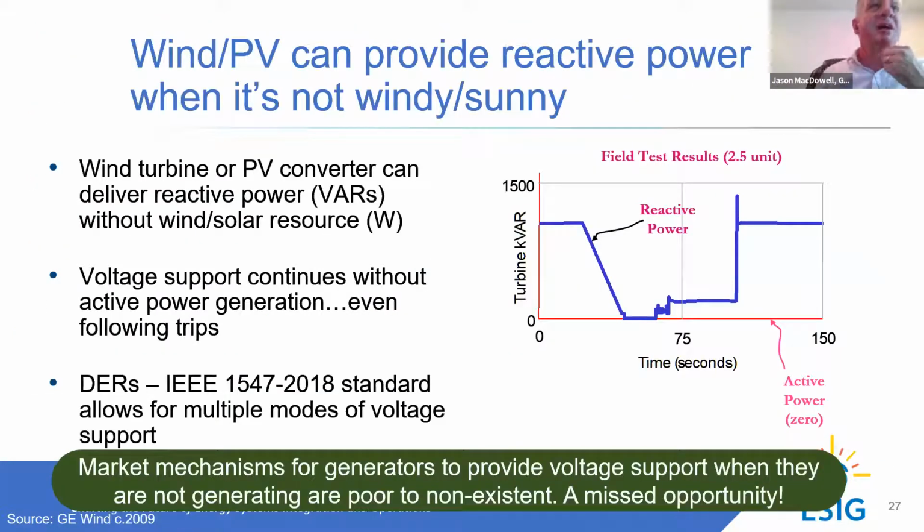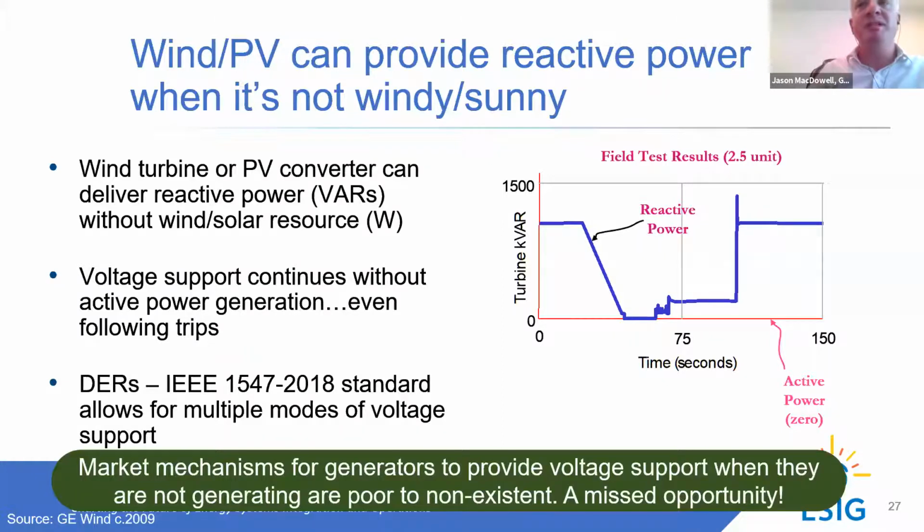The other question is, well, wind and solar can only provide voltage support when they're online, right? Well, no, that's not true either. Wind and solar have the capability to support voltage even when not injecting real power, even when not providing megawatts into the grid. The converters, the inverters, can remain online and provide a source of reactive power to continue to maintain the voltage.